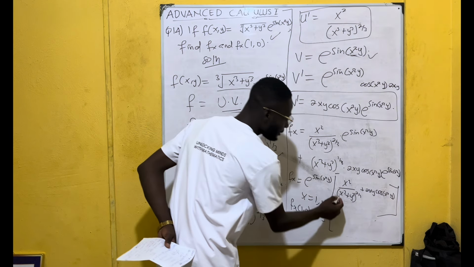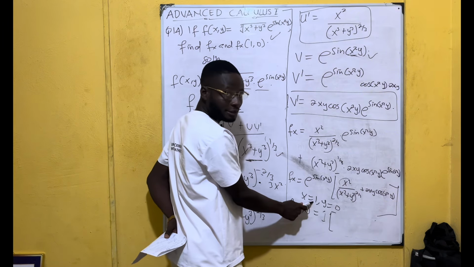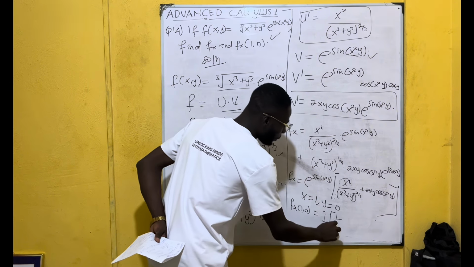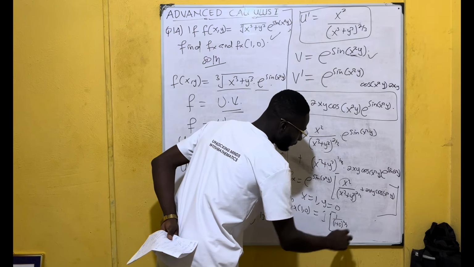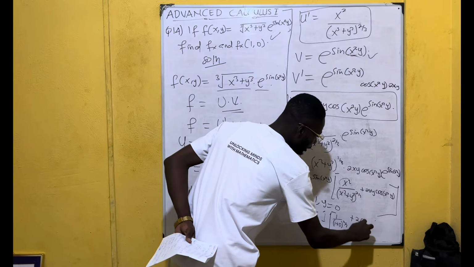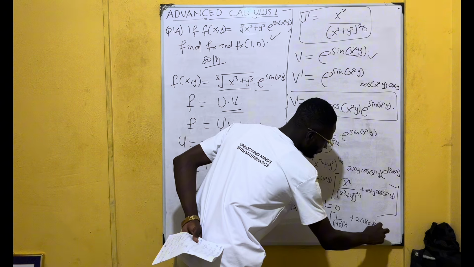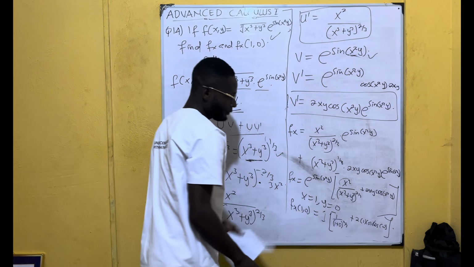Into brackets, we have x squared, and x is 1. So we have 1 divided by (1 plus 0) to the power 2 over 3, plus 2 into 1 times 0 cos 0.